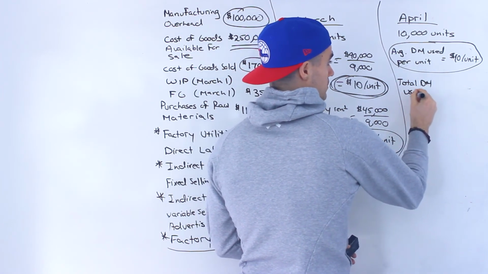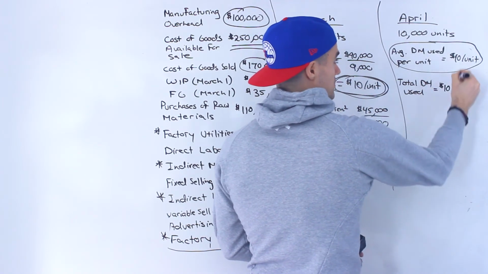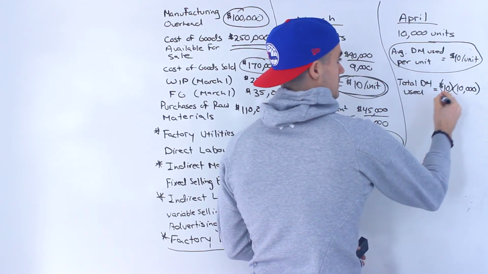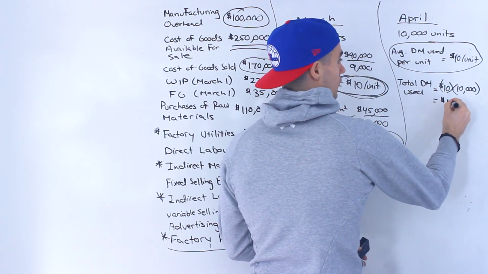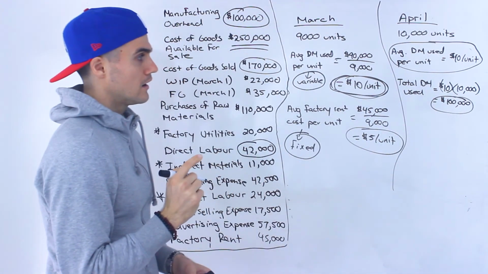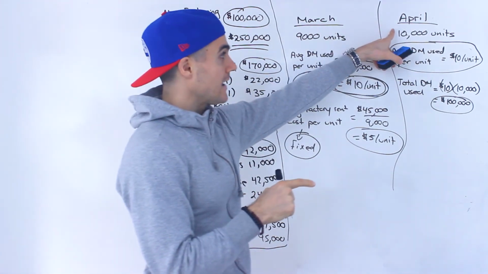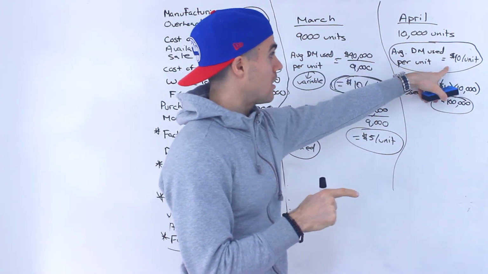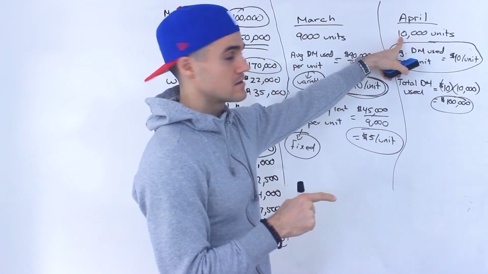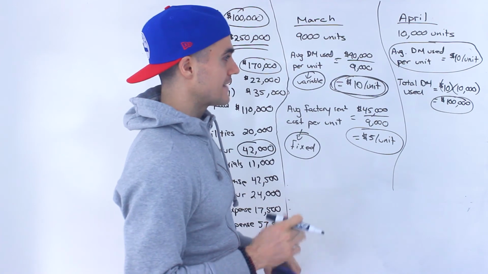The total direct materials used is going to be that unit amount, $10, times the number of units produced, 10,000. Let me actually put these in brackets, which would be 100,000. Okay, so in March, the total was 90,000, but in April, because it's a variable cost, the average is staying the same, but the total is going up because there's more units being produced in April. All right, so that's the trick.